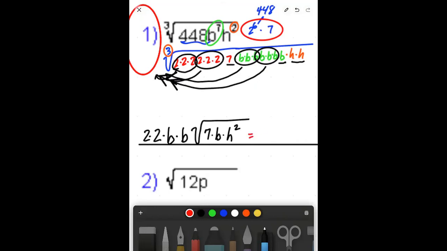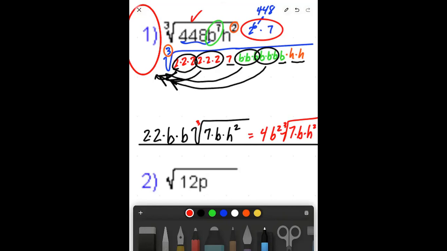So this is going to be 4b squared, and then everything inside, oops, this should be a 3. This is a cube root. So this is going to be 7 times b times h squared. So if we simplify this, we get 4b squared, and then we have the cube root of 7bh squared. We can't simplify it any more than that.